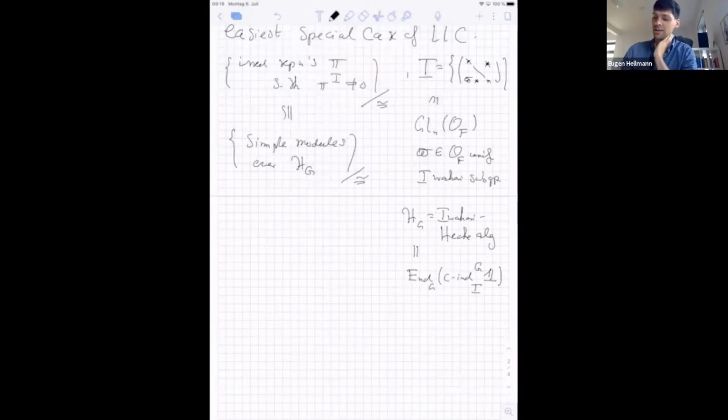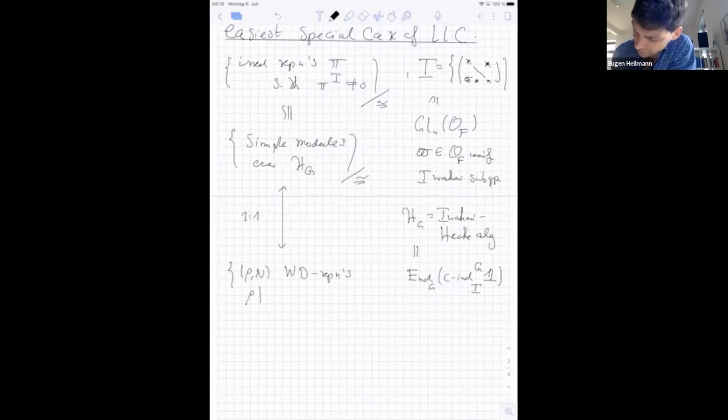So I said that I wanted to talk about this easiest special case of the local Langlands correspondence. So this should be in bijection with some (rho, n), which are Weil-Deligne representations.